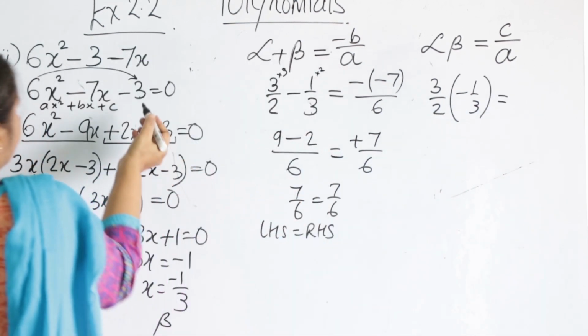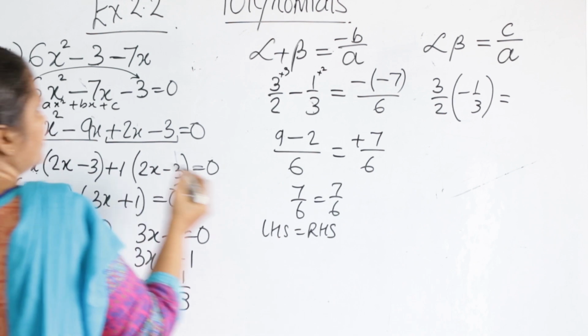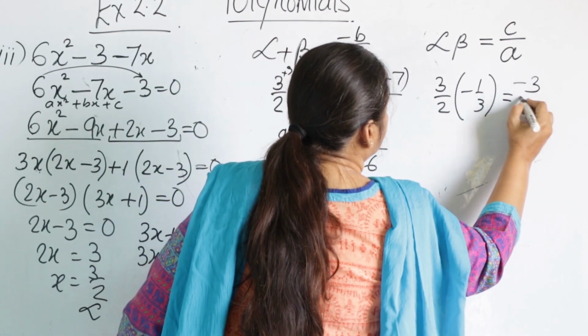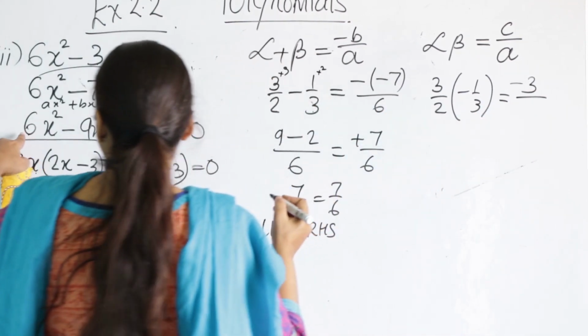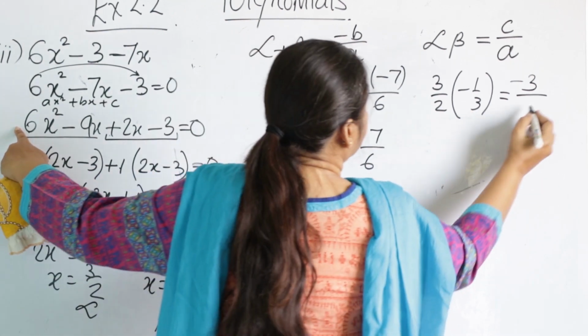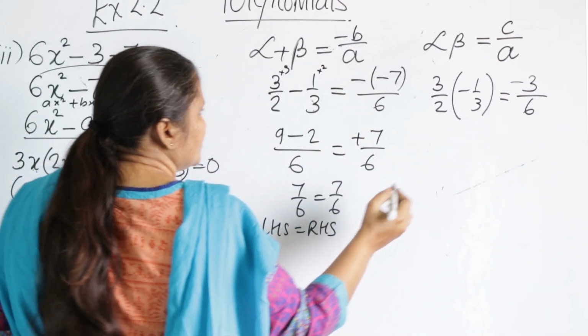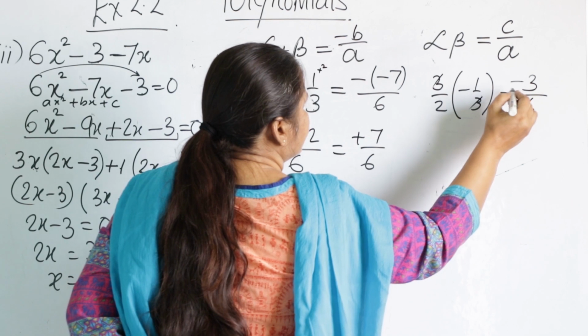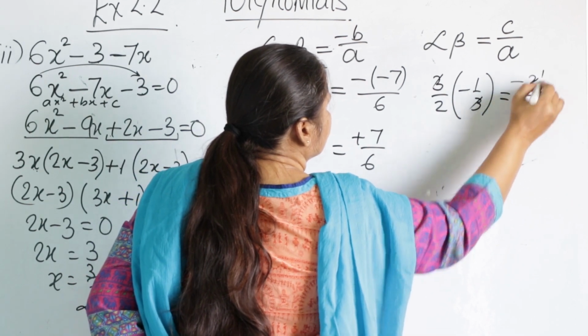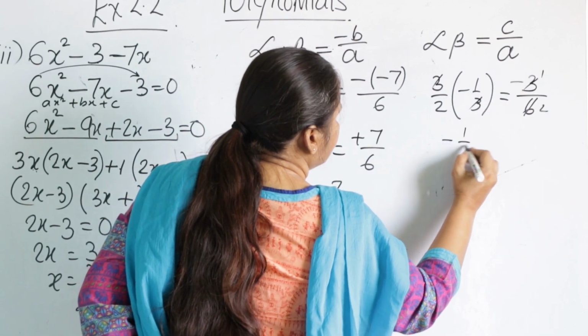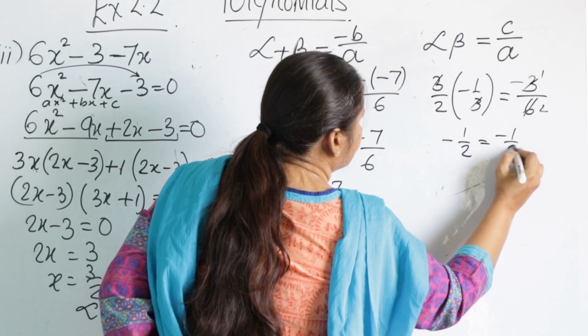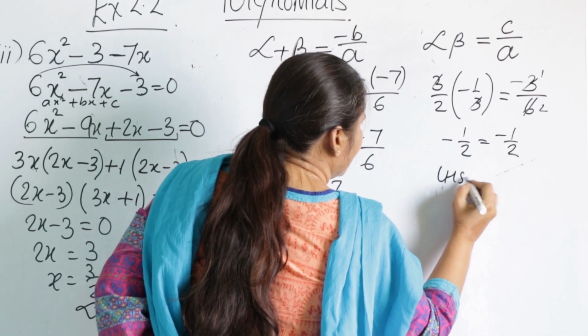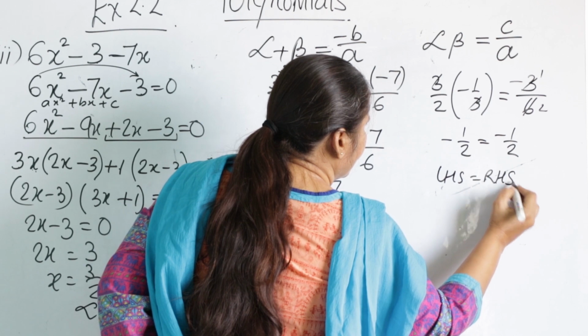What is c in this rearranged equation? Minus 3. What is a? 6. So we cancel. So here minus 1 by 2 equals minus 1 by 2. LHS is equal to RHS.